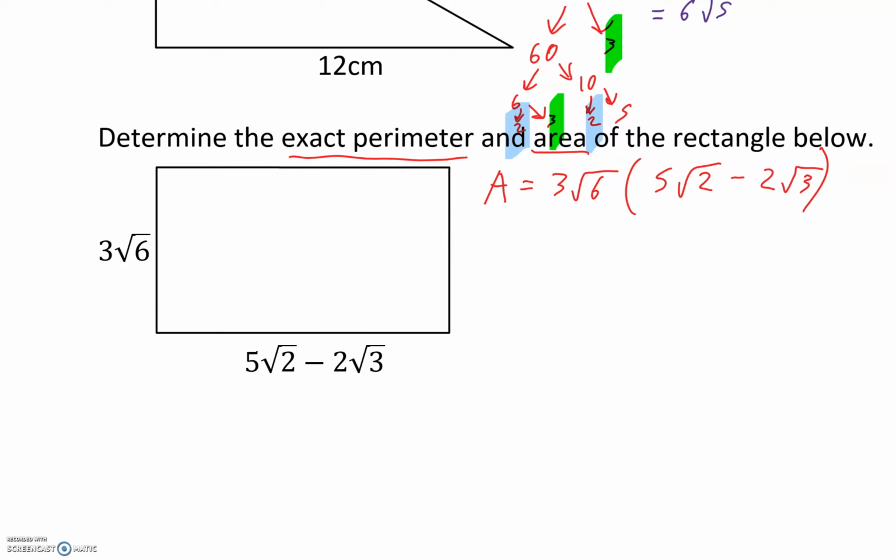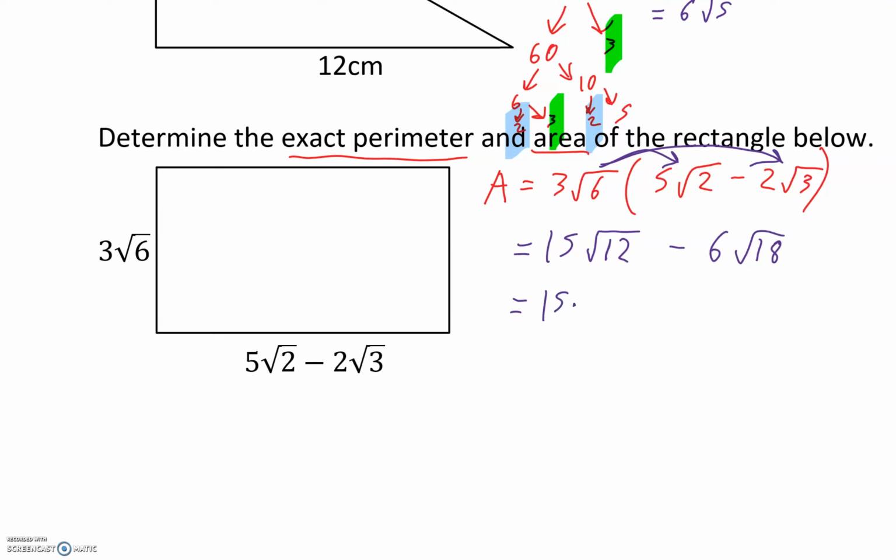So if we do that, just keep in mind that we're foiling our brackets. Our first thing would be 15 root 12 minus 6 root 18. And now we can simplify those. We can take out a 4, which would give us a 2.